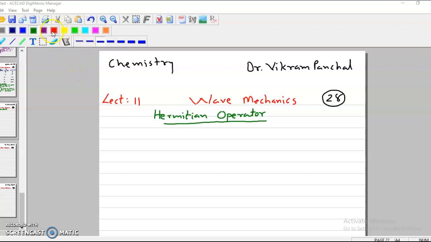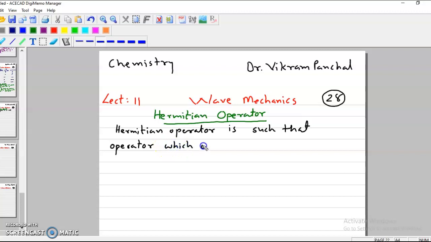A Hermitian operator is an operator which obeys the eigenvalue equation.